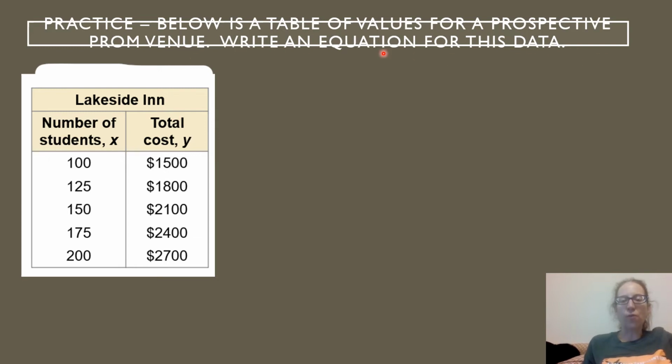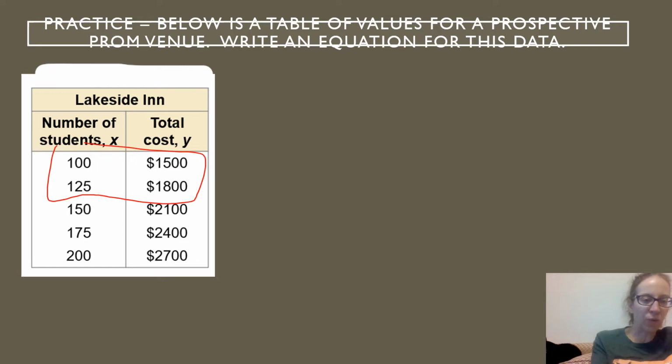And so the first thing we are asked to do here is to write an equation for that data. So again, that's that foundational skill. I am going to pick 2 points. Now you can pick any 2 points. You can pick these 2 points, you can pick these 2 points, you could pick this point and this point.